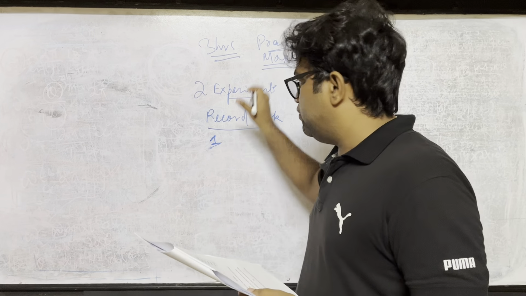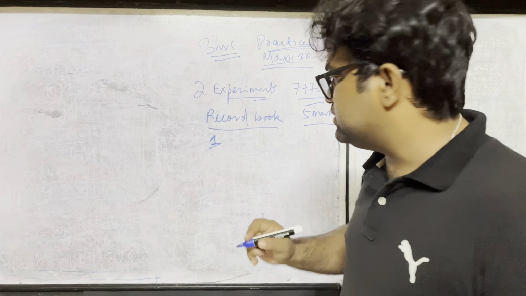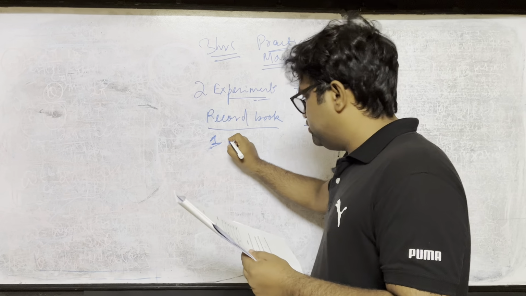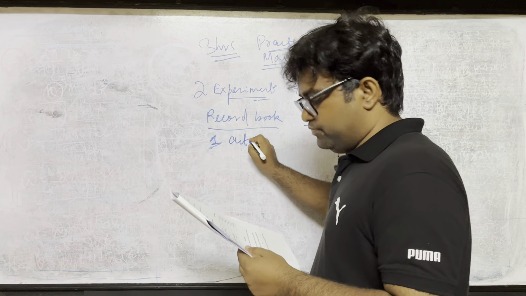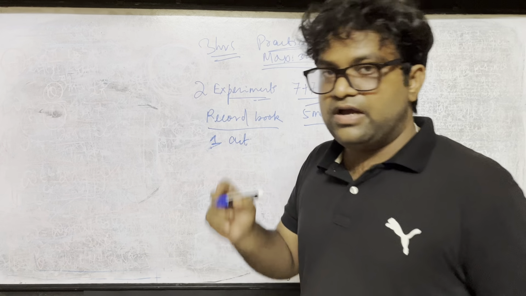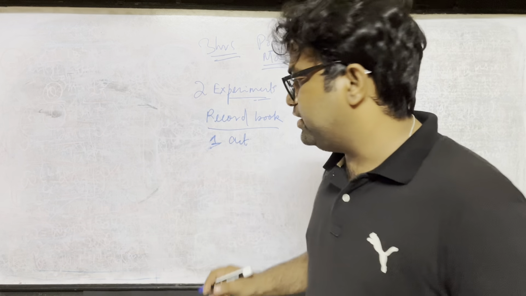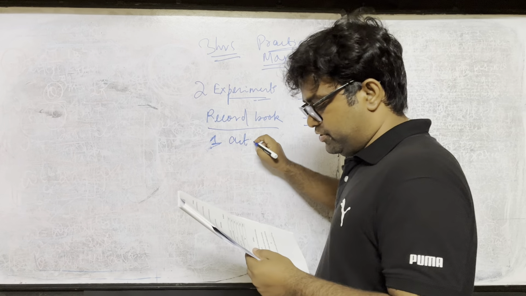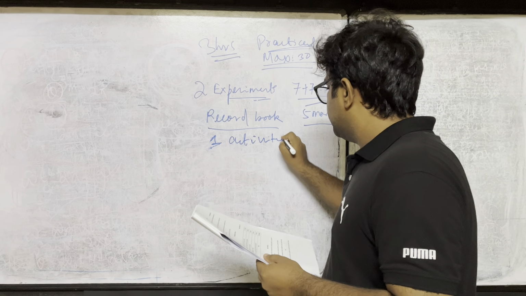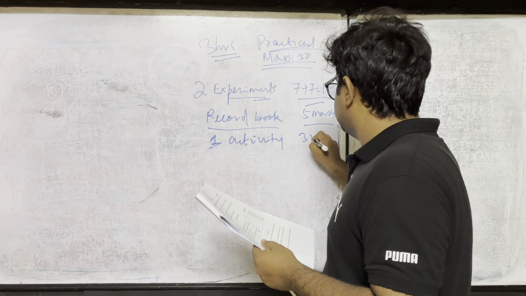What are the notebooks you will maintain? I'll explain, but before that, let me explain the marks distribution. 1 activity you have to perform during the exam, and you also have to write it in your answer sheet. That 1 activity will carry 3 marks.